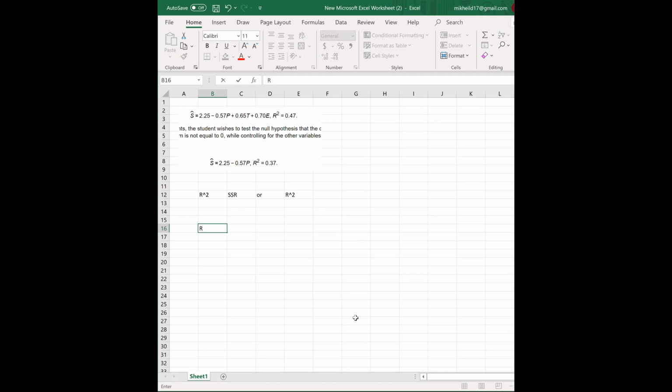F stat equals, let's write here R squared from the unrestricted model.